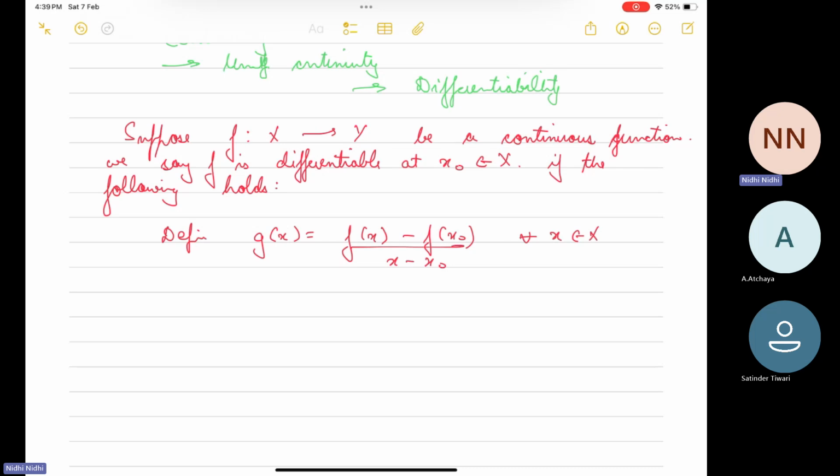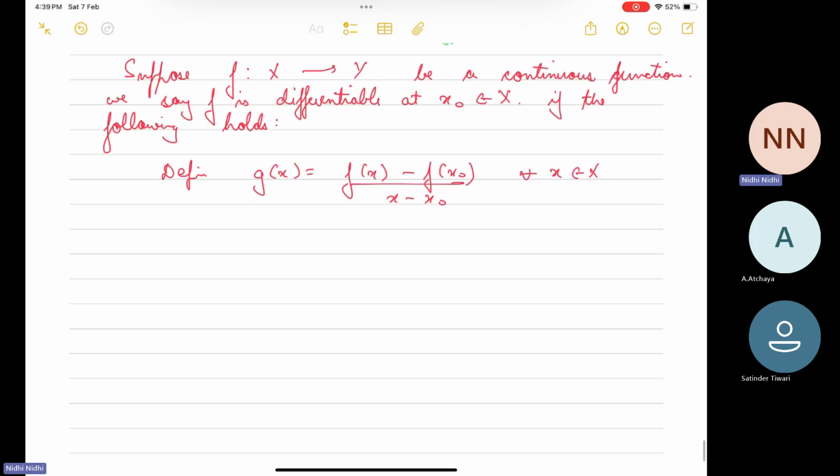So we say the function f is differentiable at point x naught if limit x tending to x naught of gx exists. The function f is differentiable at point x naught only if the function g has a limit at point x naught.